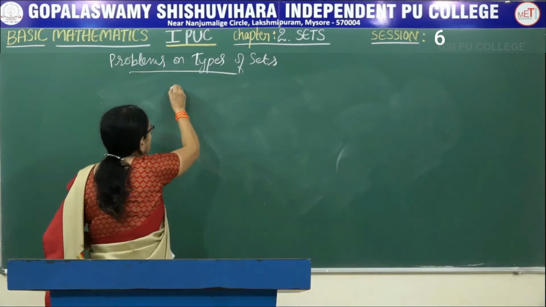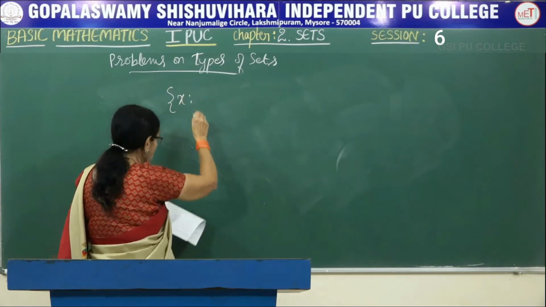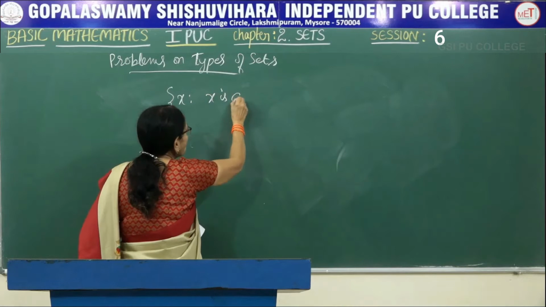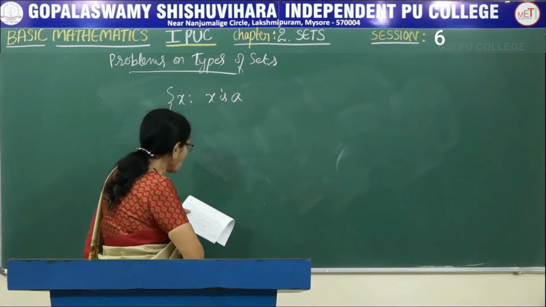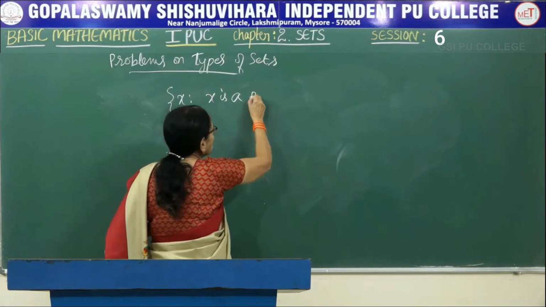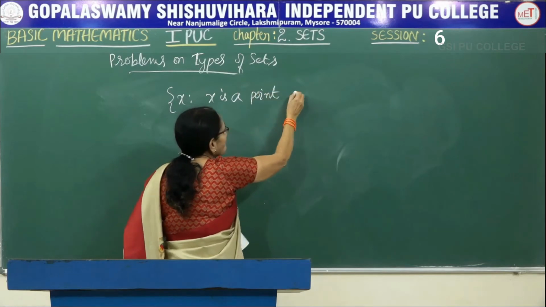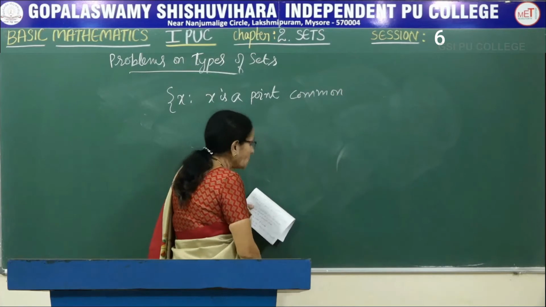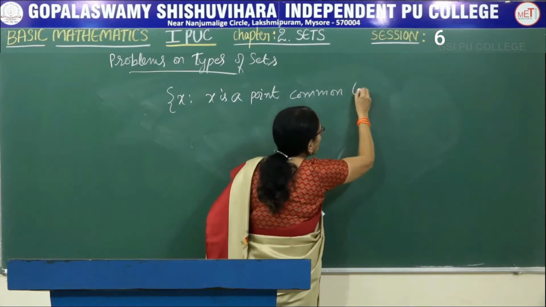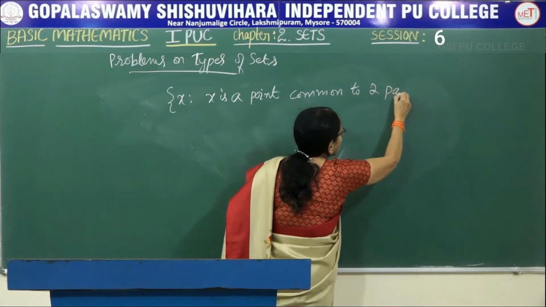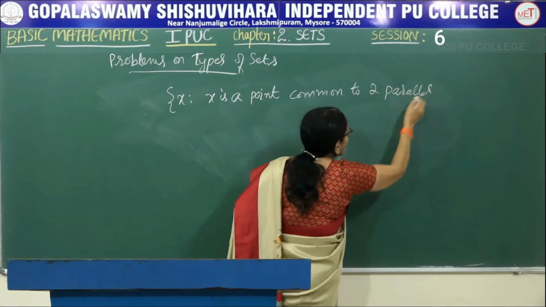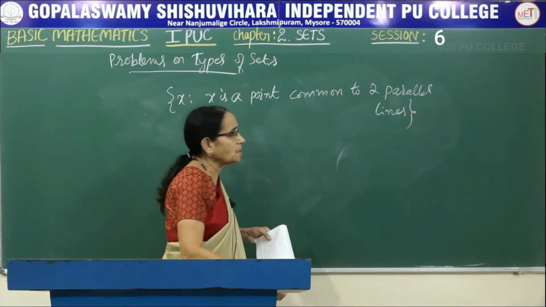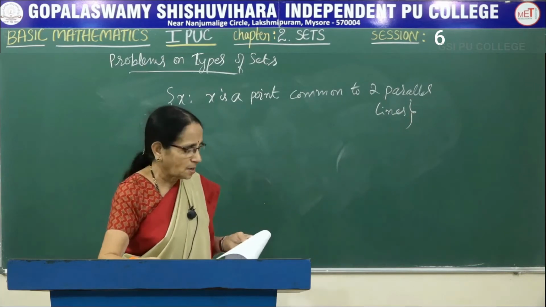Now the next one: the set X containing all x such that x is a point common to two parallel lines.